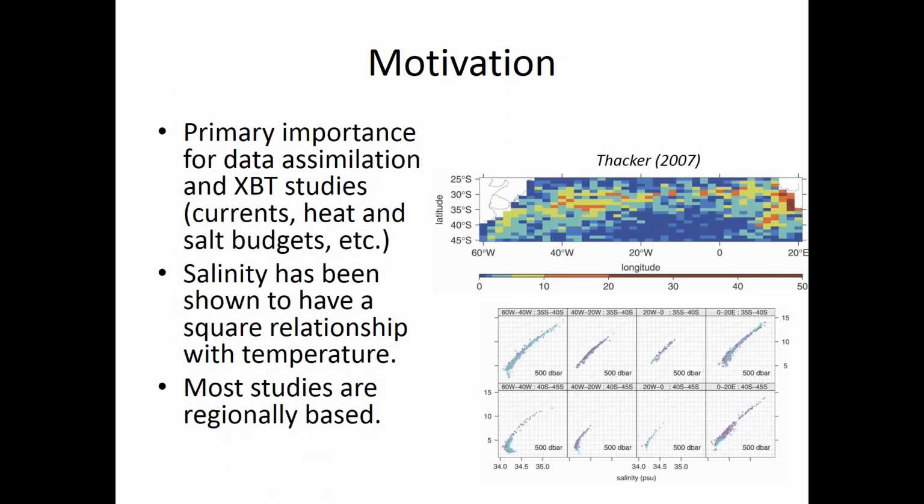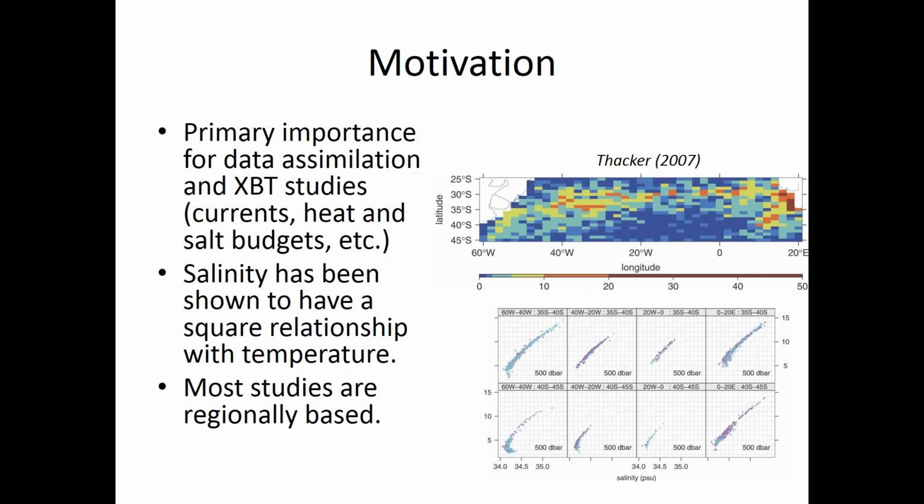So several studies came with this idea of inferring salinity from temperature profiles. We know that the TS relationship is generally conserved in most of the ocean, and so they draw statistical relationships to infer salinity at several places.